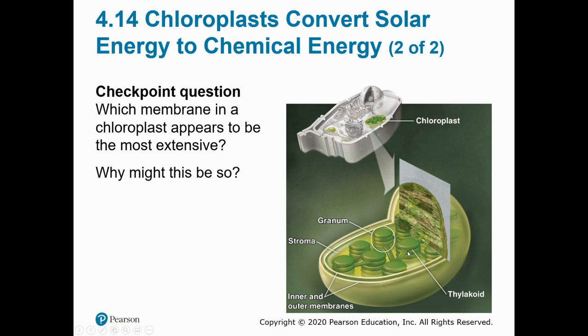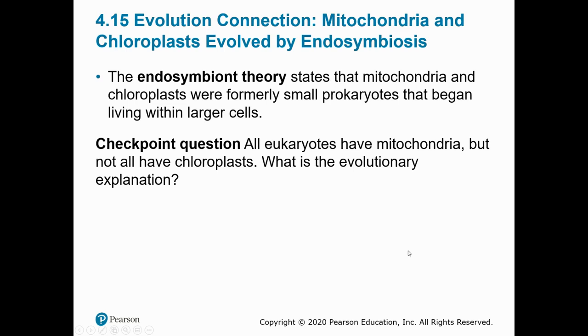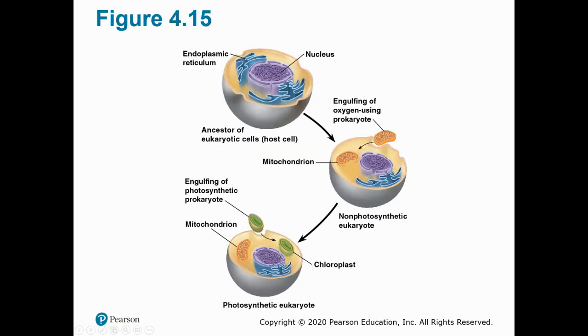We are pretty sure that what happened, and this is the endosymbiont theory, is that mitochondria and chloroplasts were formerly prokaryotes that lived their lives outside of a larger cell initially. But then at some point in their lifetime, they were engulfed by a eukaryote that didn't eat them.